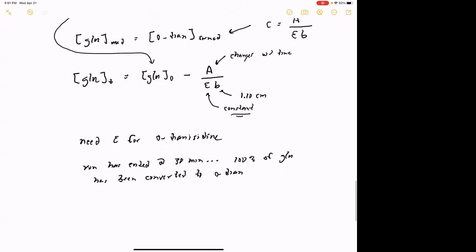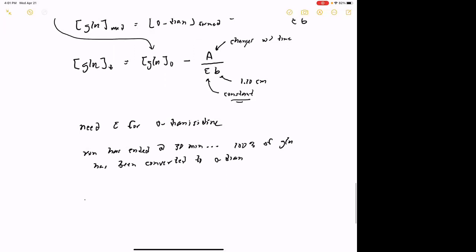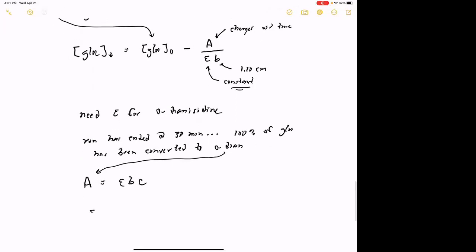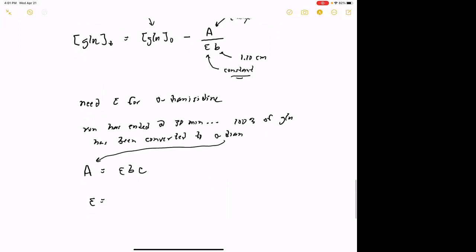So now I can use Beer's law to get back at the epsilon. So this is all for O-dianisidine here, A is equal to epsilon times b times c. Now I can solve that for epsilon, can't I? So epsilon is equal to the absorbance divided by the path length times c.